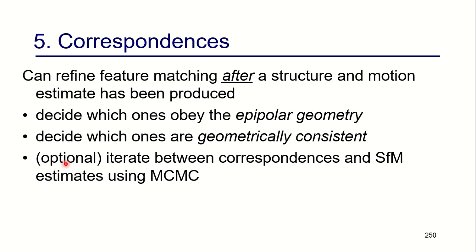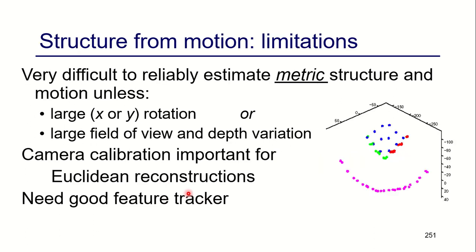And it can refine correspondences, it can refine the feature matching after a structure and motion estimate has been produced, and decide which ones obey the epipolar geometry, decide which ones are geometrically consistent, and iterate between the correspondences and SFM estimates using MCMC.